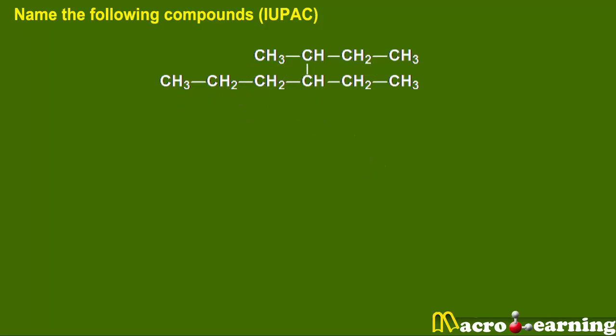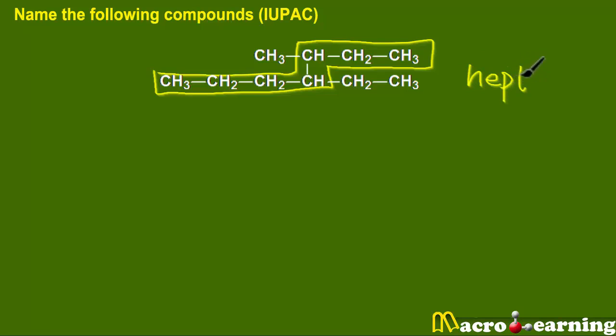Okay, so here the main chain would go like this. Remember, it's always the longest chain that you can find in the molecule. So this is a 7 carbon main chain, so it's going to be a heptane.